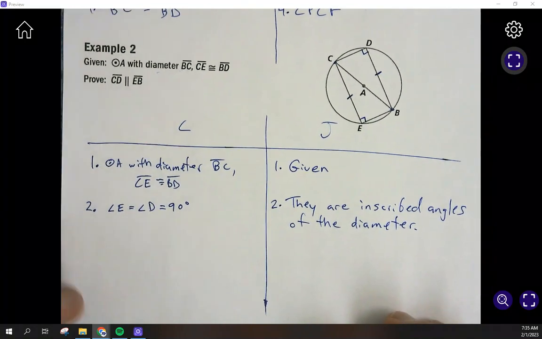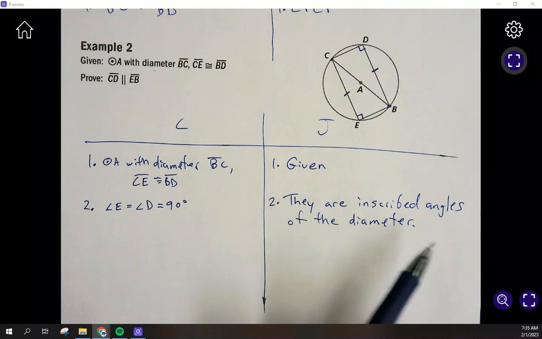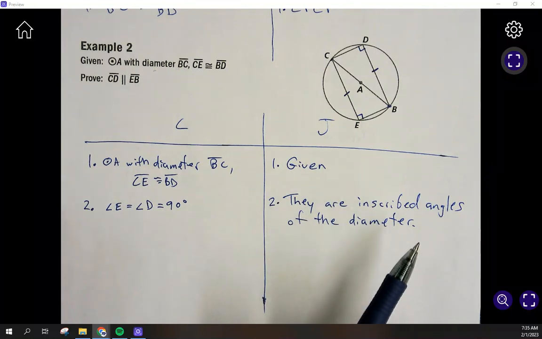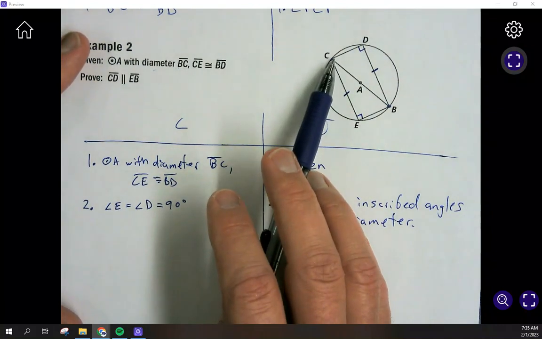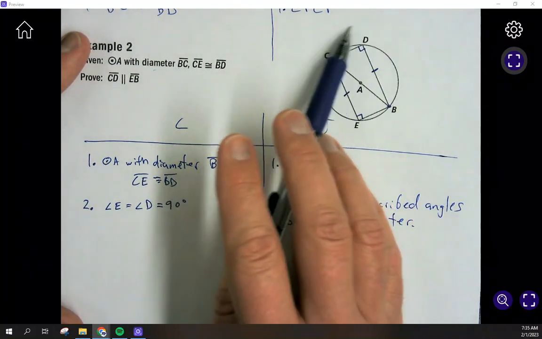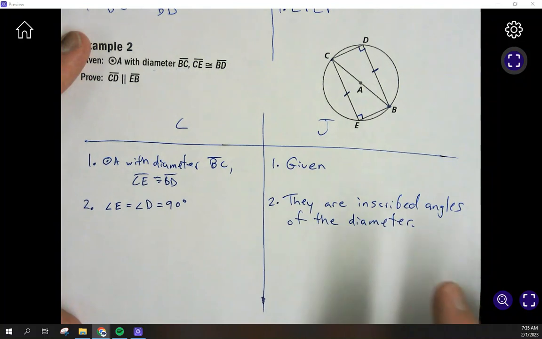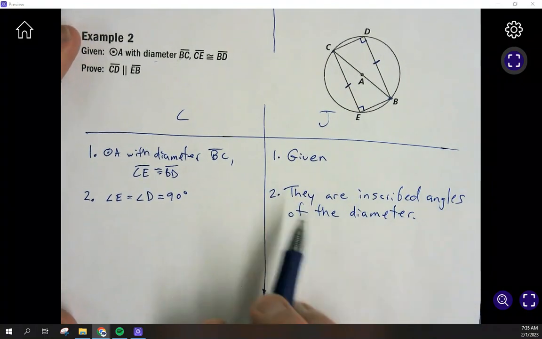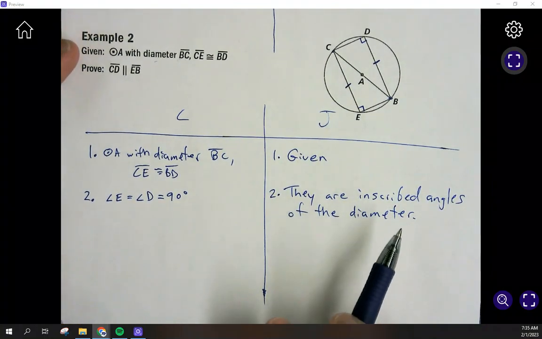Okay, you don't have to memorize that. Something along those lines. You can explain this in words. It doesn't have to be some perfect word for word memory thing that you have. Just explain that it's an inscribed angle to a diameter. Therefore, I know it's 90 degrees because it's half the size. And if you wanted to get even more specific, you could write that out.